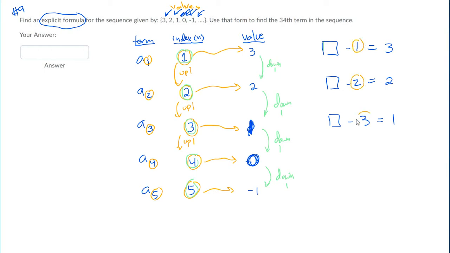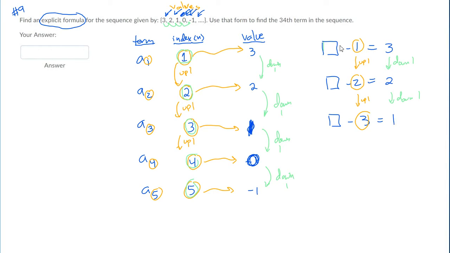If you subtract your index numbers, the value is going to keep decreasing. How do I know the values are going down by 1? Because they are telling me the values I'm supposed to be getting, and I can see they're going down by 1 every time. The way to make values go down by 1 as the index goes up by 1 is to subtract the index. When you subtract a bigger number, you get a smaller value.